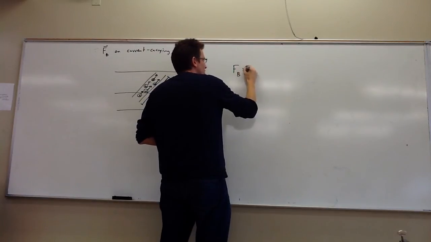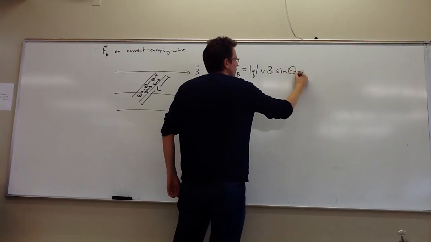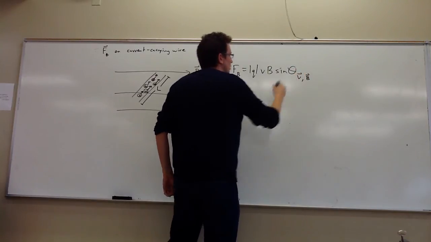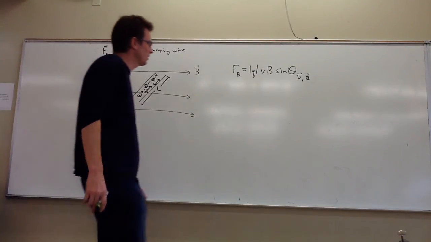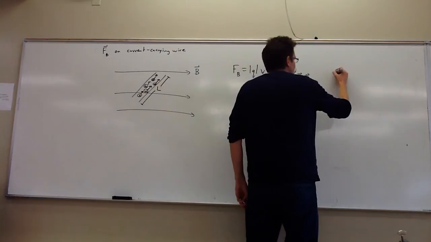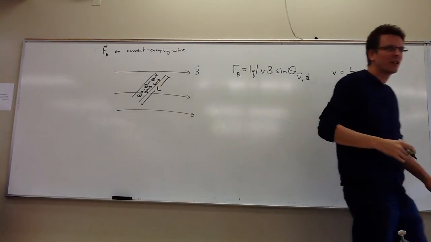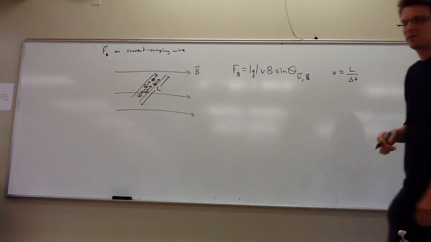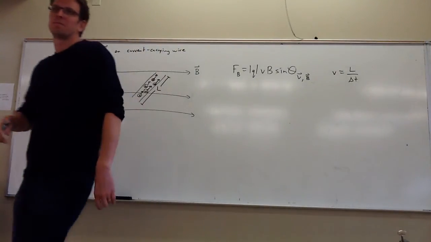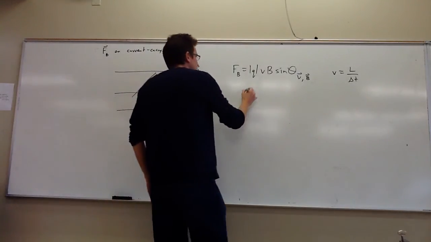The magnetic force is equal to QVB sine theta. And then for the speed, I'm just going to substitute in that the speed of the particles is such that they traverse the length of this wire segment L in a time delta t. So I go ahead and put that in there.